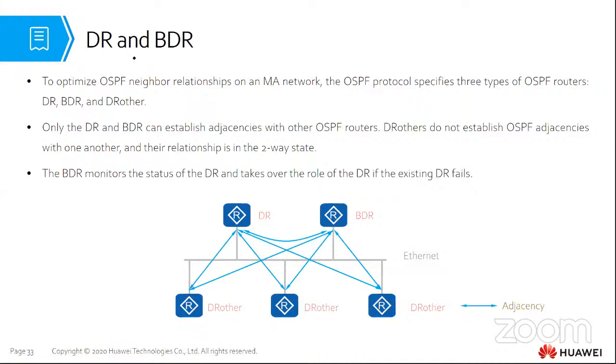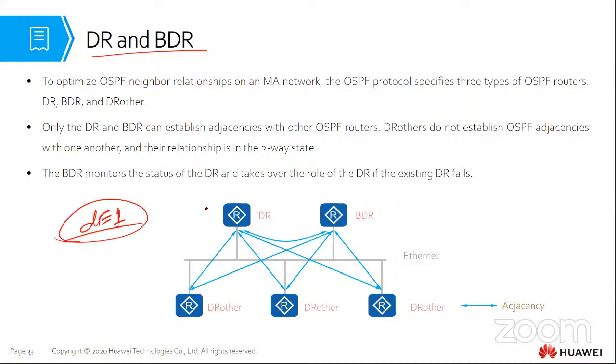So that is DR and BDR. I have explained this thoroughly well. I've said the interface with the highest OSPF DR priority will become the DR. Unfortunately, the DR priority of OSPF is 1 by default.